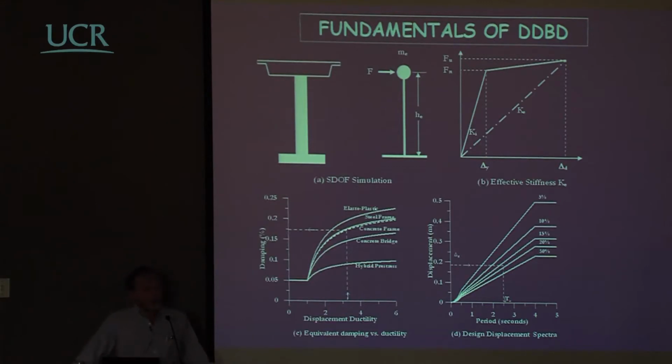When I say the level of displacement you want to design the structure for, of course, in this figure, I mean the displacement which is indicated with delta D. But the other point that we should make very clear is that you could guess very reliably on the basis of the geometry only what the delta Y, the elastic limit displacement, will be. And I will show this in a minute. But if you know at the beginning of the design what the delta Y will be and what the delta U will be, then you will also know at the beginning of the design for what level of ductility you want to design.